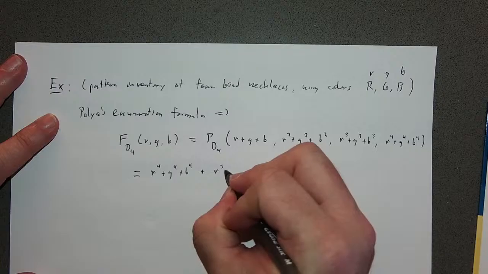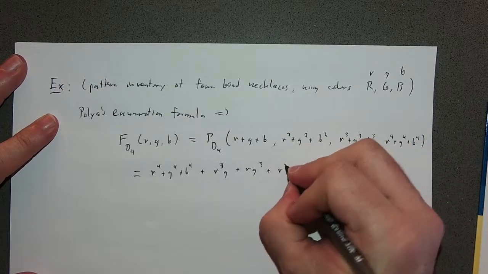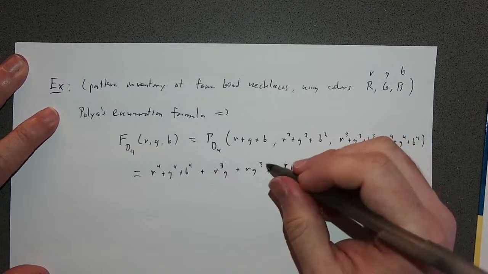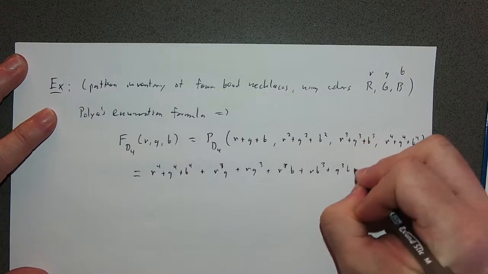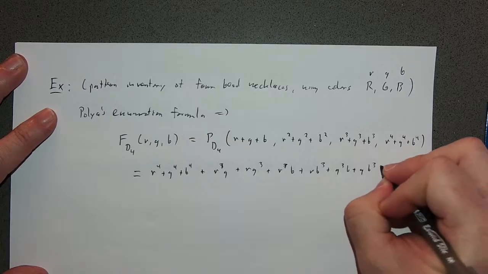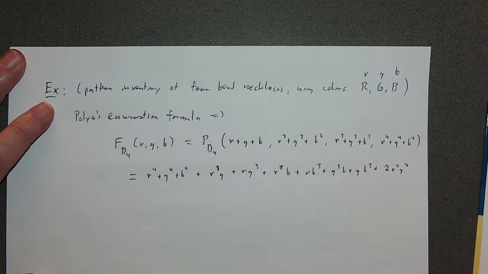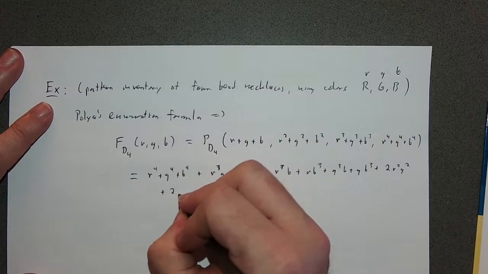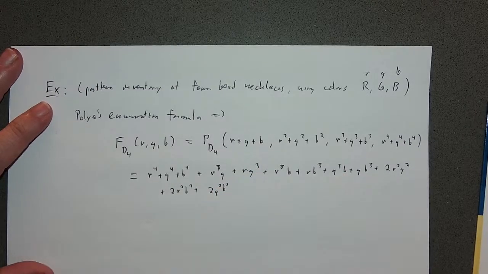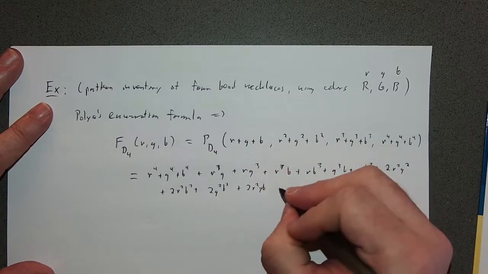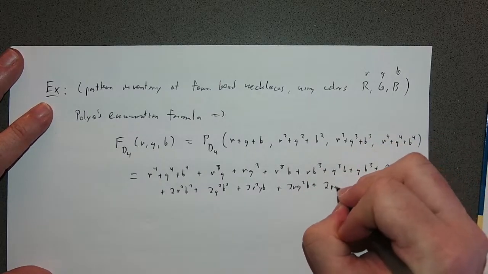r cubed g plus r g cubed plus r cubed b plus r b cubed plus g cubed b plus g b cubed plus 2 r squared g squared plus 2 r squared b squared plus 2 g squared b squared plus 2 r squared g b plus 2 r g squared b.